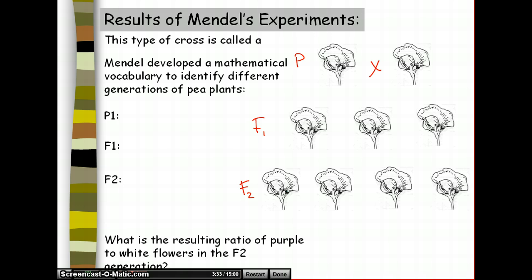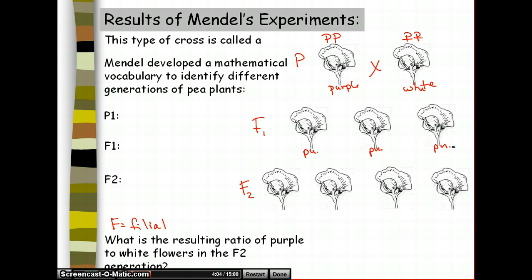F means filial, which is like family or related. So he started with, we'll do the color, big P, which is your purple flower, and he crossed it with little p, which is your white flower. When he did this, every single flower turned out to be purple.